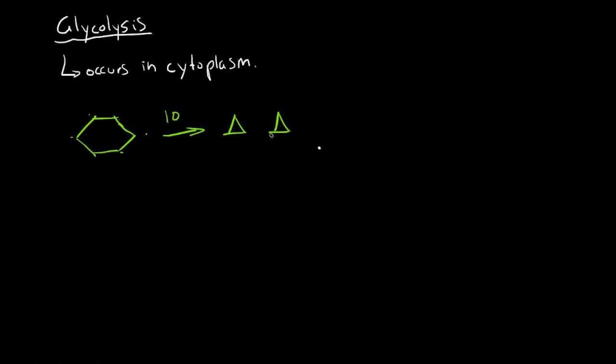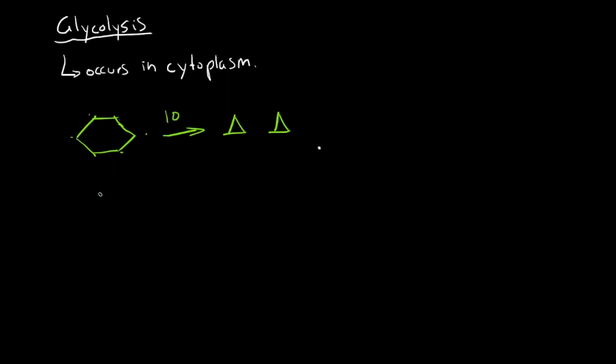But there are a few steps that are pretty important for glycolysis that you should know. If you need to know every step, then I encourage you to look at a textbook or a Google image that shows every single individual step and what goes on. But in this video, I'm just going to talk about the investment phase, as I like to call it, where you're investing energy into the reactions, and then the payoff phase where you're gaining energy back.